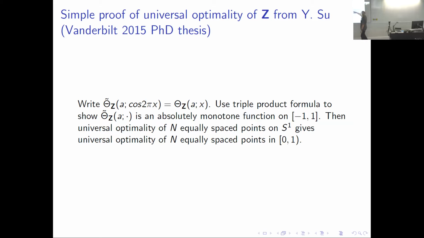We did mention this to Henry Cohn a number of years ago, and he said that, oh yeah, they had discovered that as well, but that was after they'd written their proof. So I think this is the simplest proof that I know of for the universal optimality. Okay, I'm going to stop here. That's it.